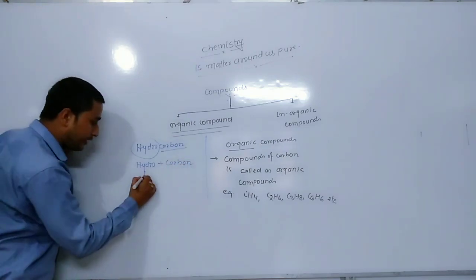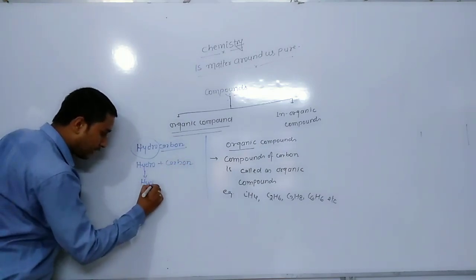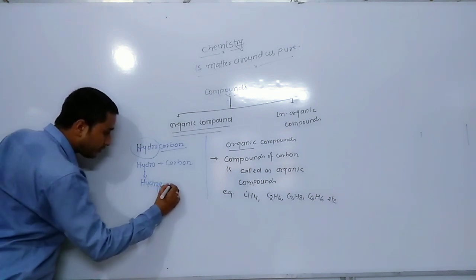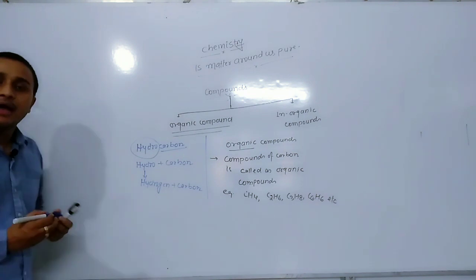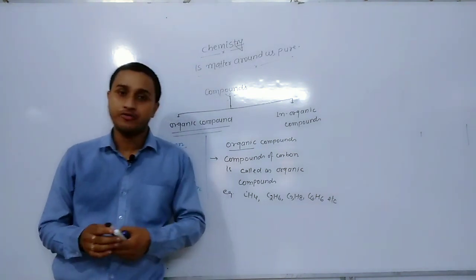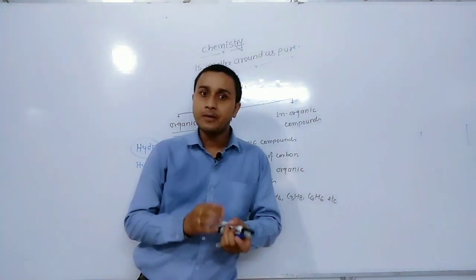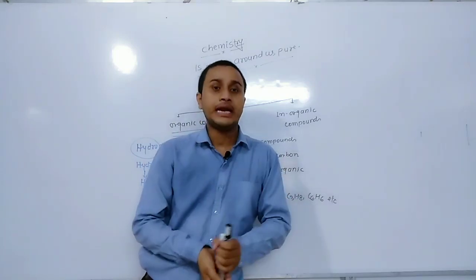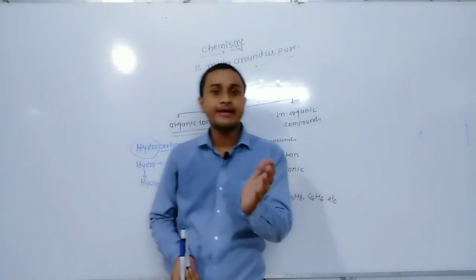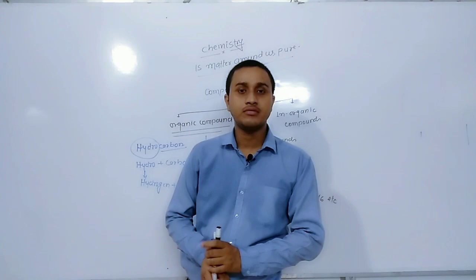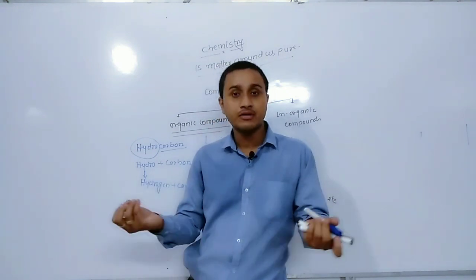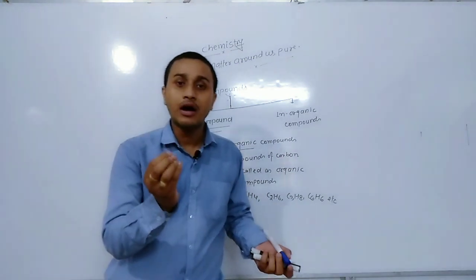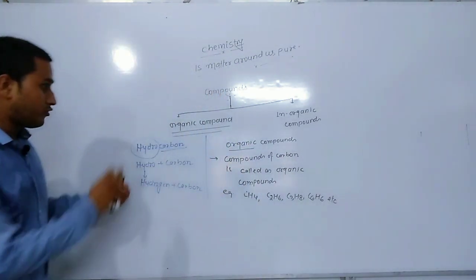Hydro means hydrogen, plus carbon. Any compound having only carbon and hydrogen is classified as a hydrocarbon. Is it okay? Any compound having only carbon and hydrogen is what? Considered a hydrocarbon. First you note down, then I will explain.